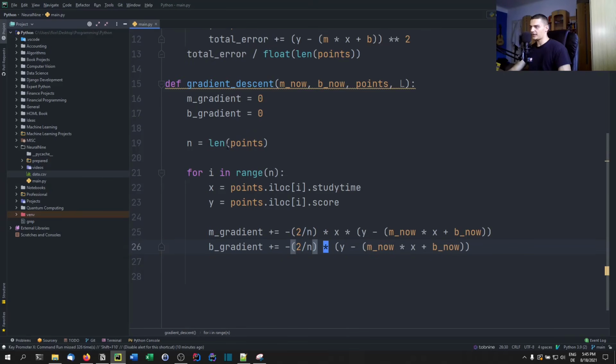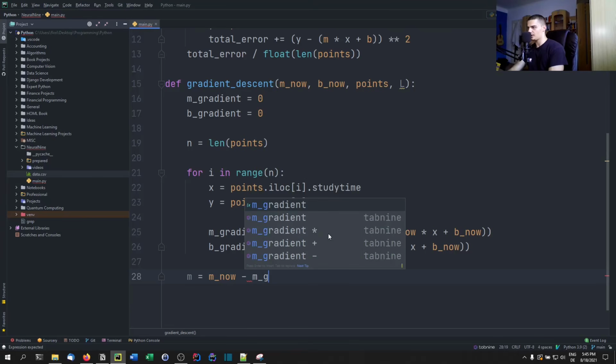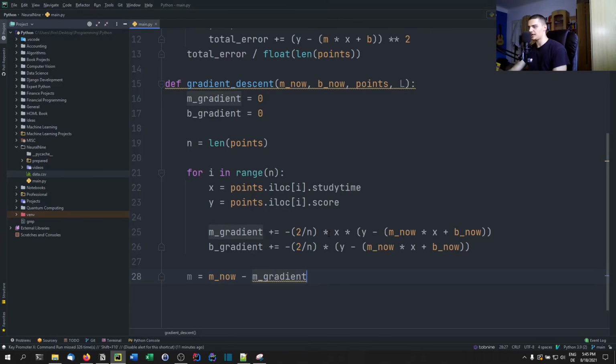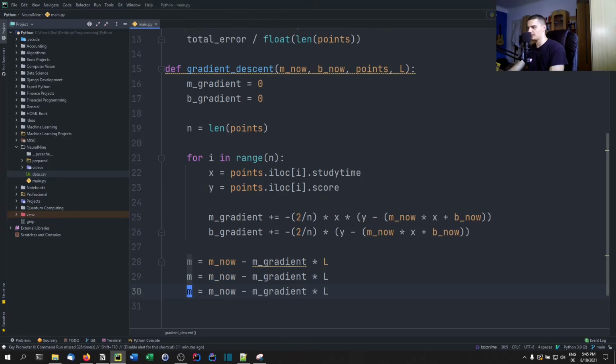Then once we have that, once these iterations are done, we know which direction we have to move into, or away from actually. So what we do is we basically say, okay, the new m is going to be the m now, and we're going to say minus m_gradient, so in the opposite direction, but with a learning rate of L. That determines how much we move.